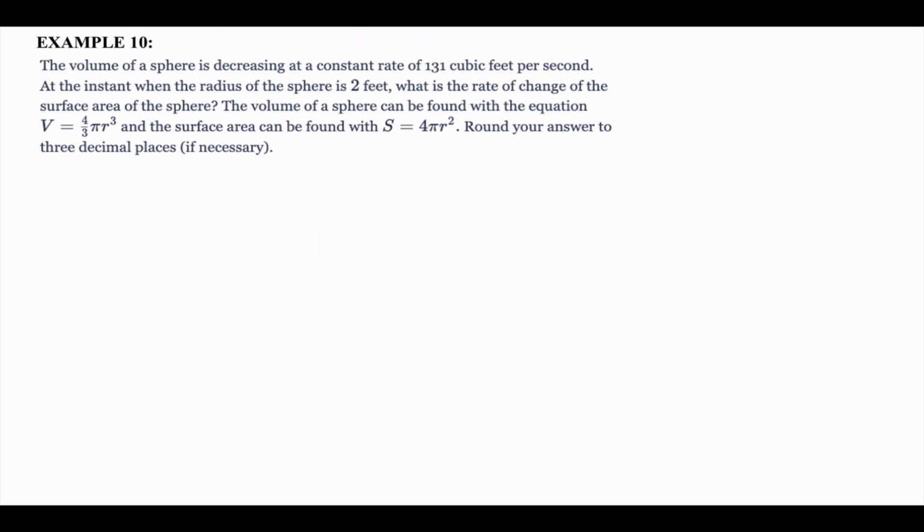Do number 10. Don't do a cube because we haven't done a cube. It's the same thing, but I don't want that to trip you up. We've done a sphere, so do number 10. I'll give you a hint. This one you're going to need to use multiple equations, and in fact, they give you both equations. Okay?